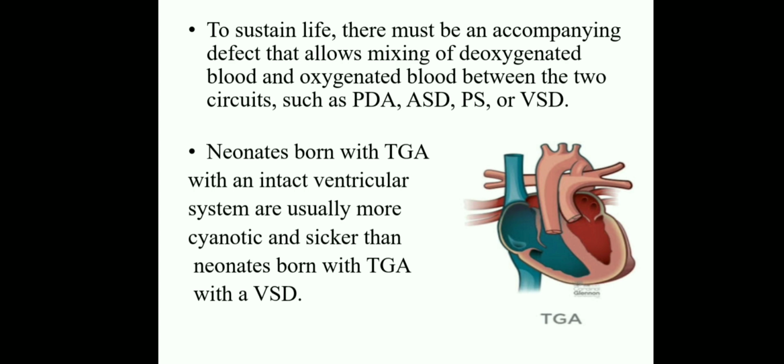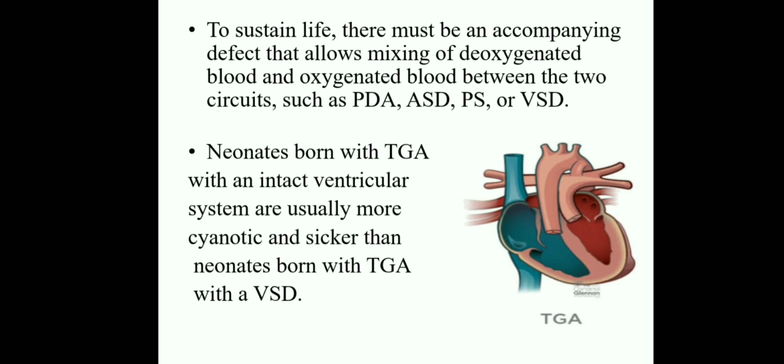Okay, so what happened here? The neonates born with transposition of great arteries with an intact ventricular septum are usually more cyanotic and sicker than the neonates born with transposition of great arteries with a VSD.